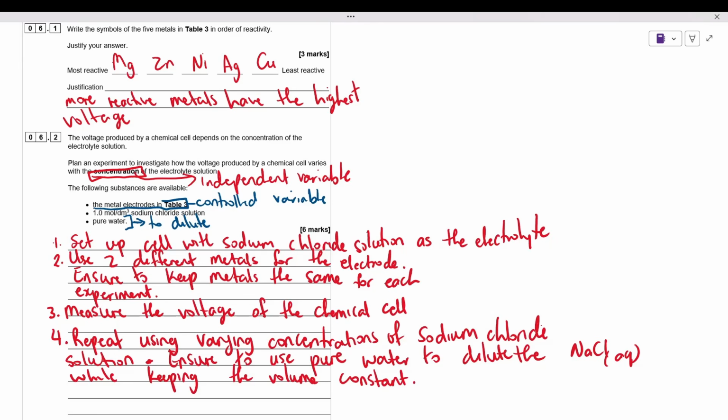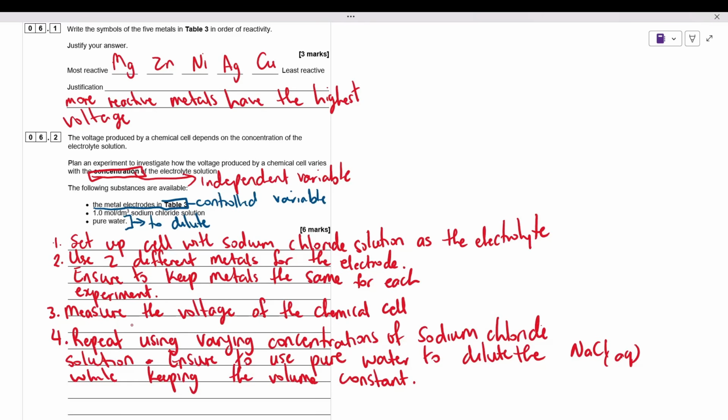Right, so in this case, we are telling how we're going to be using that pure water, and we're also mentioning that volume must be kept constant because that's going to be a control variable as well. Because remember, the independent variable is concentration. That's all we want to affect. And if we alter the volume, we are also changing volume as well, and we don't want to do that.